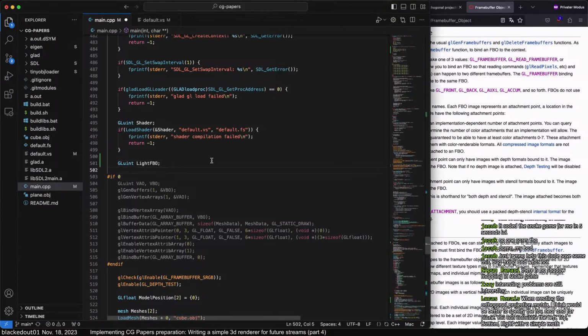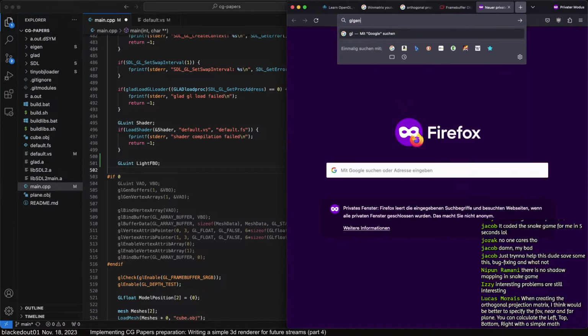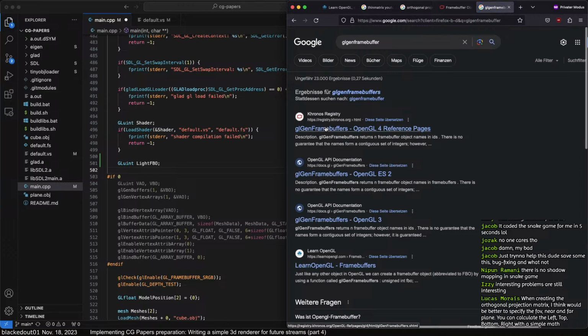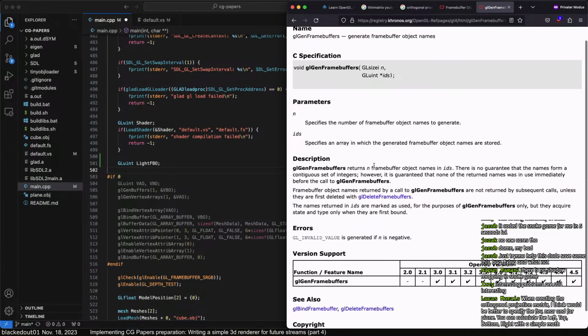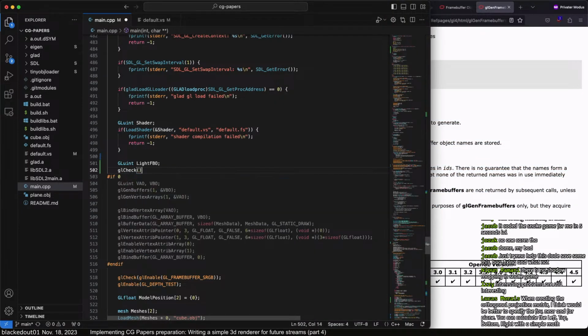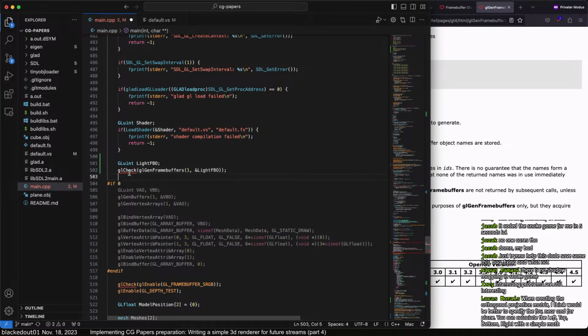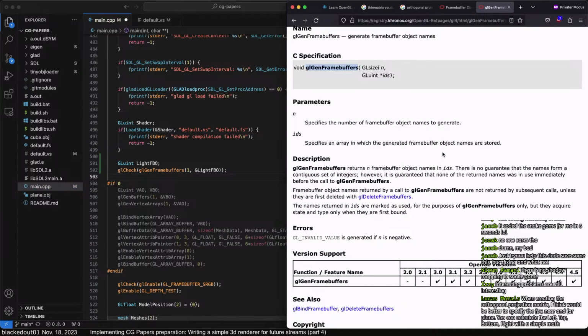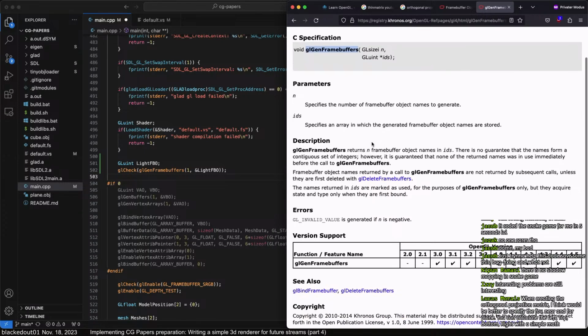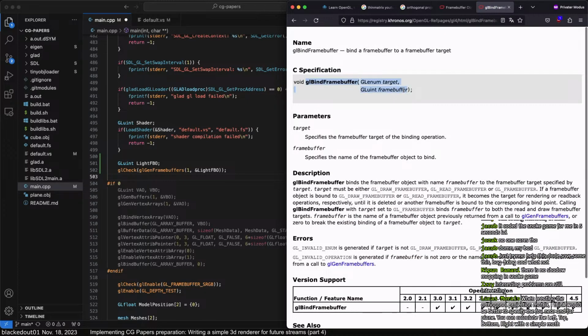Maybe let's start with the creation of one of these buffers. Like every other object, we need to call such a function to create our object. We only want one. And again, we have to bind this one to modify it, because OpenGL is like this giant state thing.